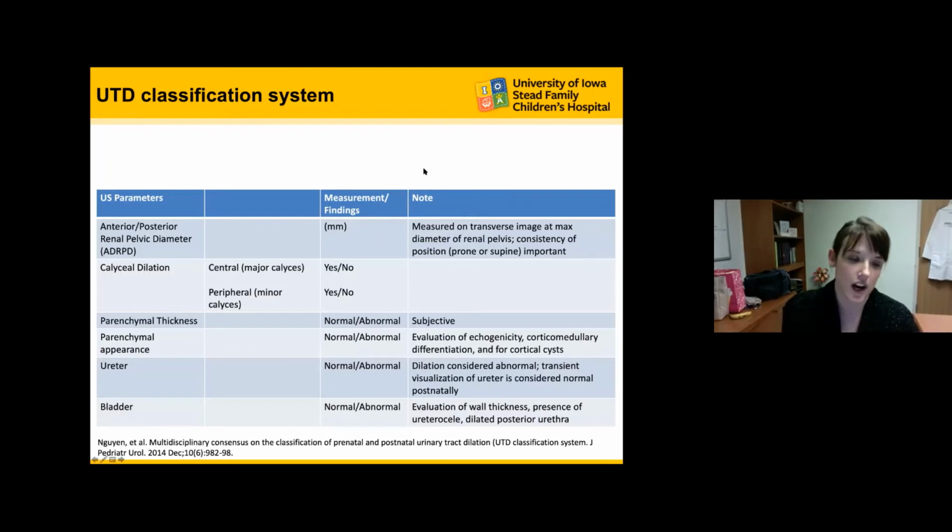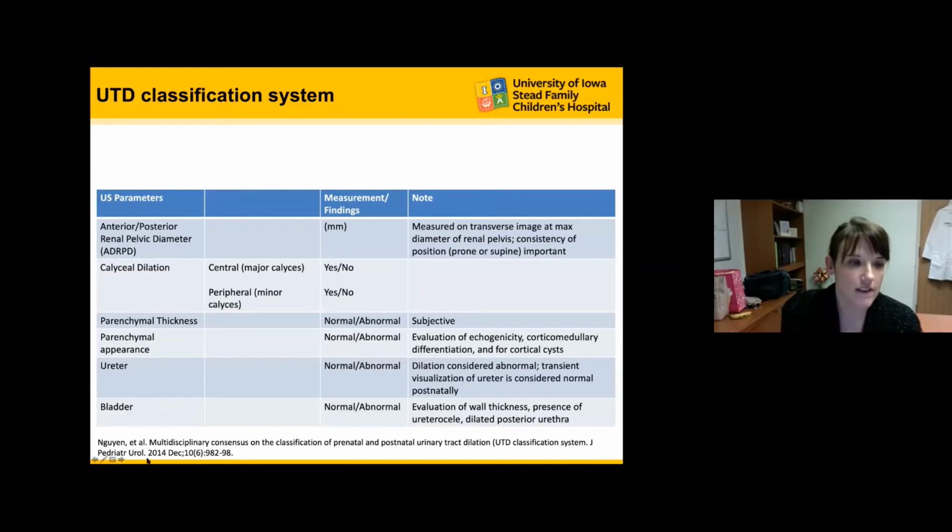And so this is where the UTD classification system came in. There was a multidisciplinary consensus statement in, I believe, 2014, where the UTD classification system was first published.